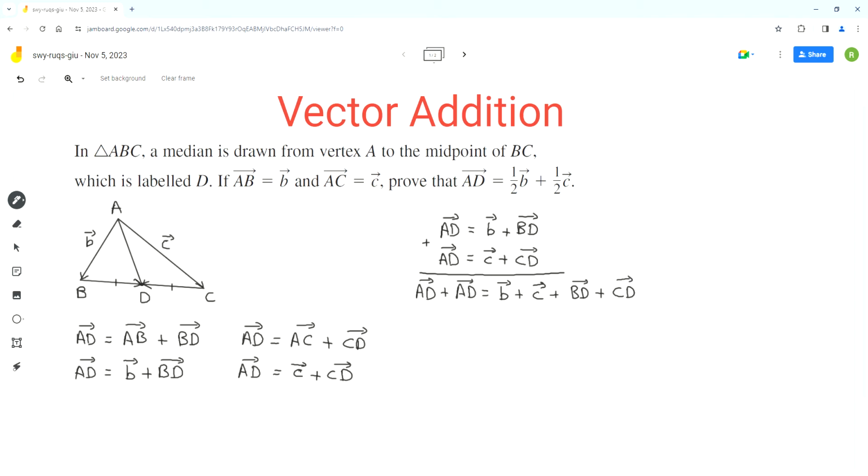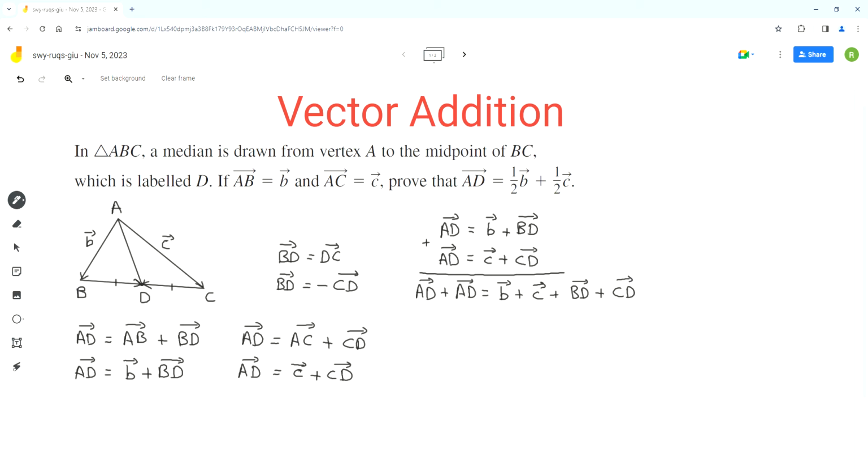Now we have to analyze vectors BD and CD. So we know that D is the midpoint of BC. That means vector BD is equal to vector DC, because both have the same magnitude and same direction. So vector BD is equal to minus vector CD, because when we flip a vector, we change the sign.